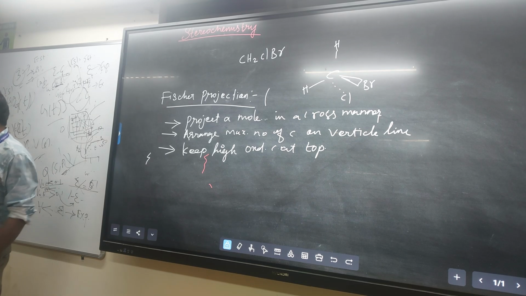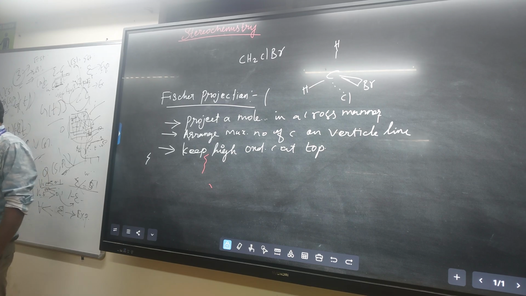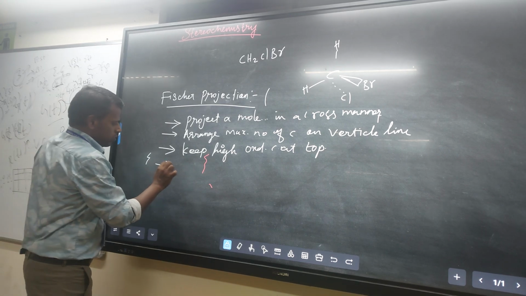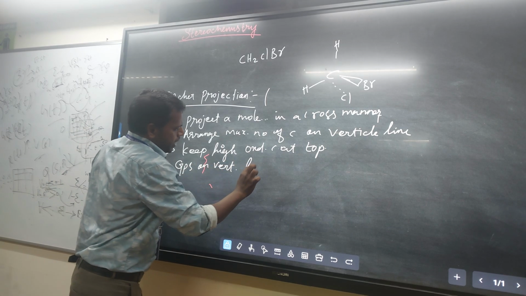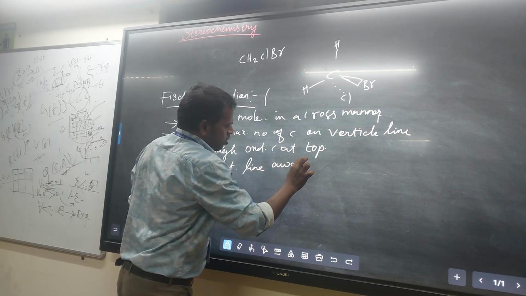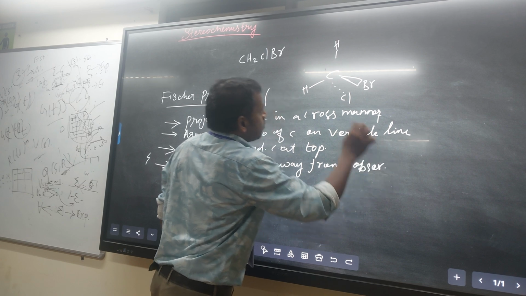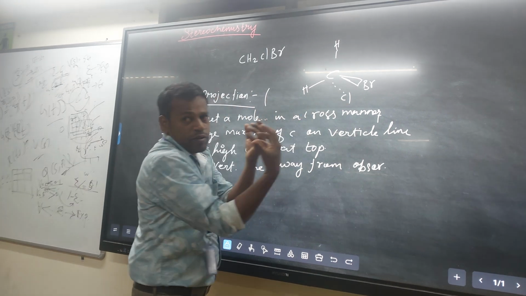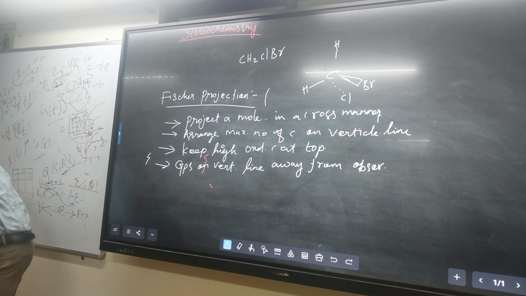Okay, the next step: groups on the vertical line are away from the observer. That means the back side of the board, as we are looking at the molecules.